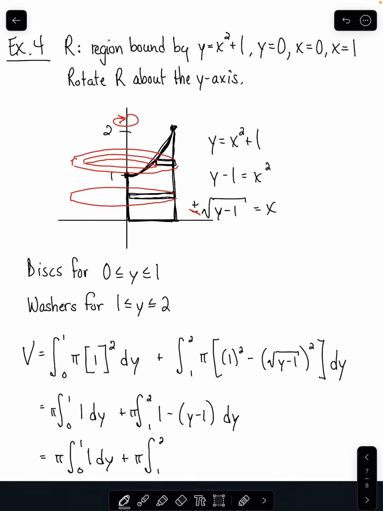That will result in 2 minus y dy. So our first integral is easy enough. The integral of any constant is that constant times the variable. Our second integral then would have the antiderivative 2y minus y squared over 2.